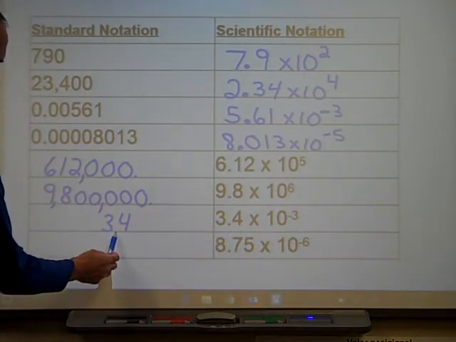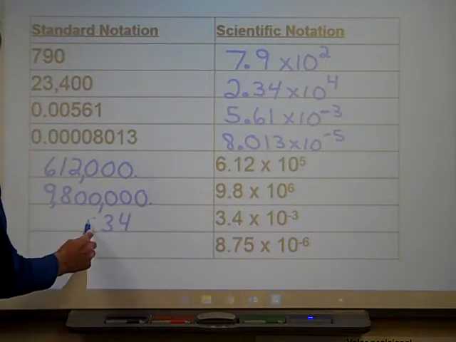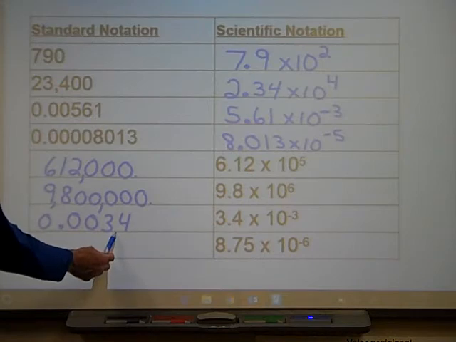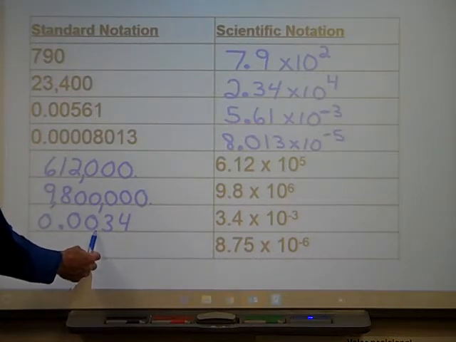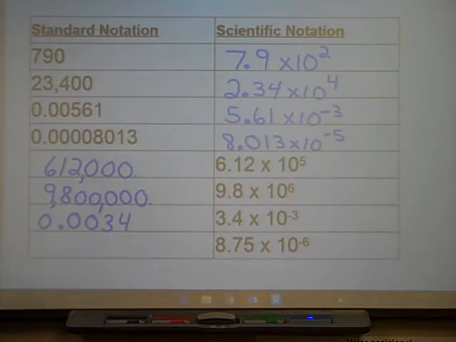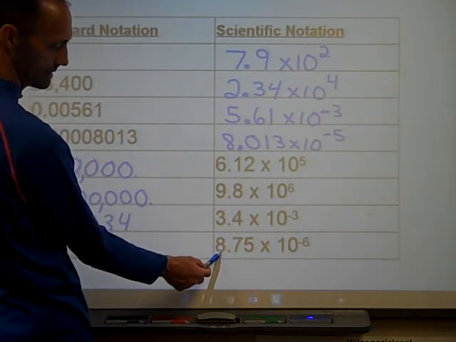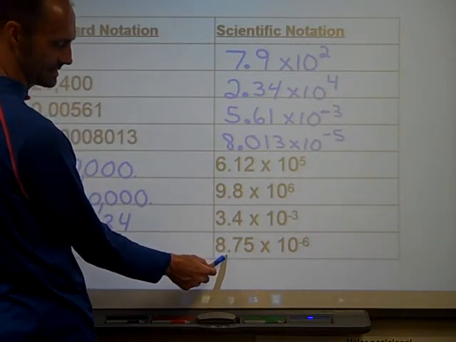My decimal started here. I'm going to the left. 3. 1, 2, 3. Put in the decimal and add a 0 up front. And we check. It was here. 1, 2, 3.